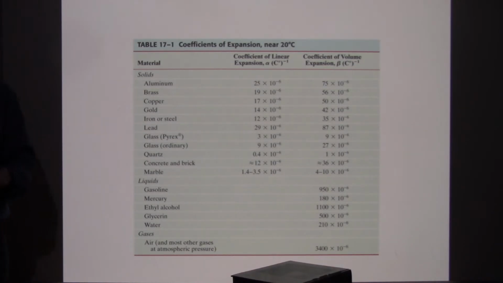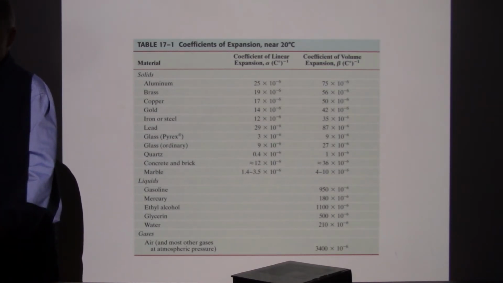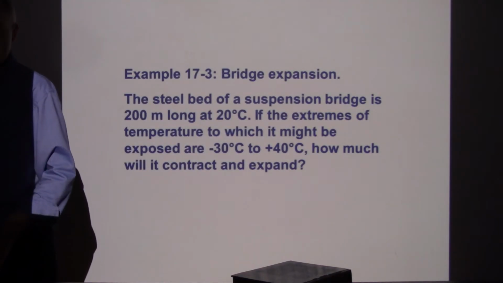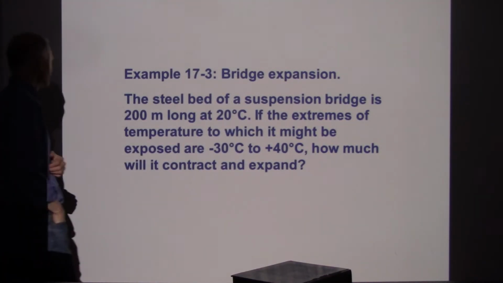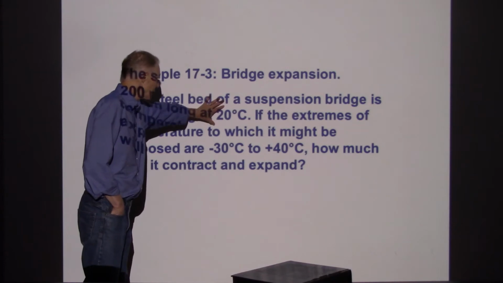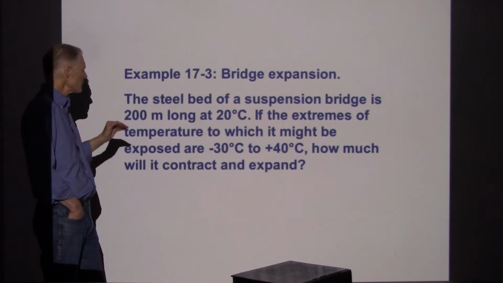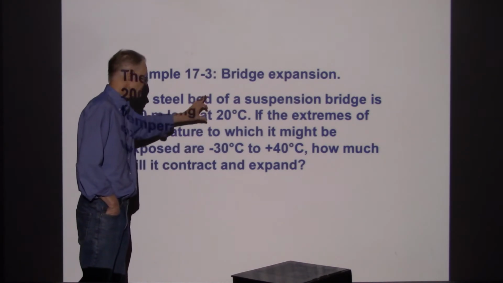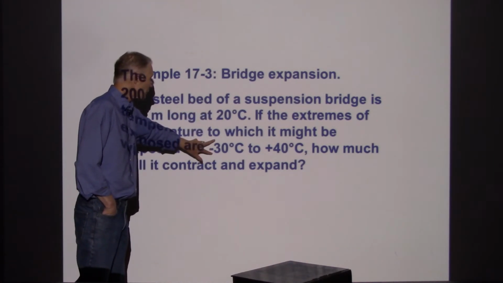Officially, that's how it works. If the temperature varies a little bit from that, it's not a big deal typically. But let's go ahead and do the problem in terms of the reference temperature. And then we're going to say what happens to the length of the bridge, this piece of steel, if we drop to minus 30.